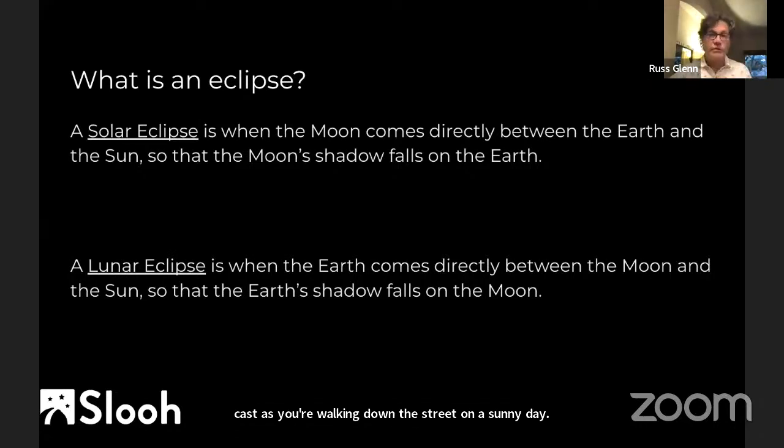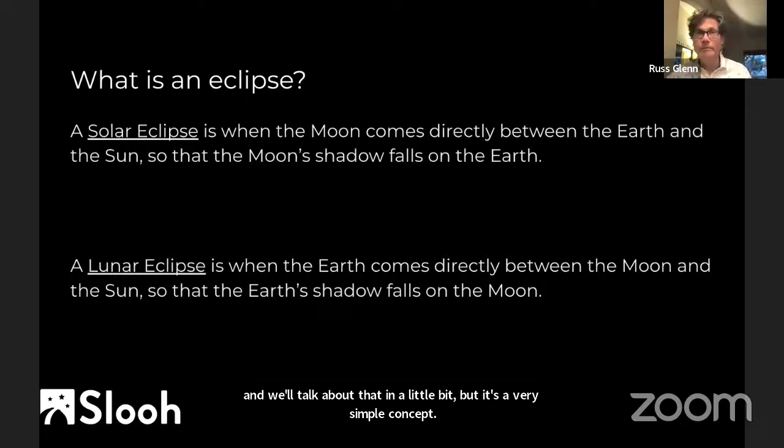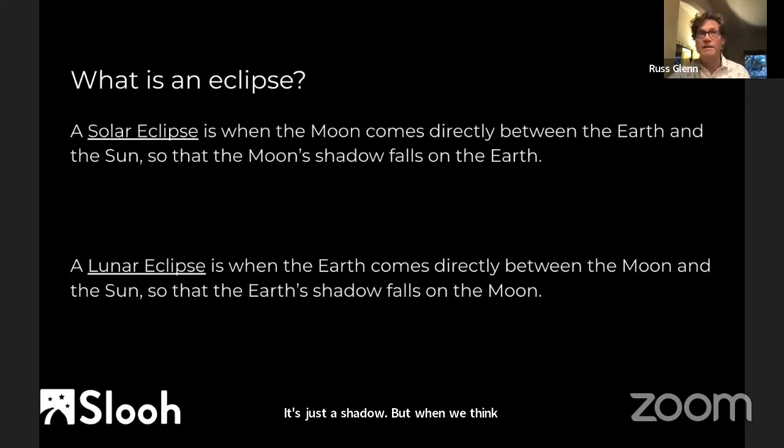It's not that common, and we'll talk about that in a little bit, but it's a very simple concept. It's just a shadow. But when we think about space, light and shadow have huge ramifications for planets and for moons and things like that. So even though it's a very simple concept, it actually has big ramifications.